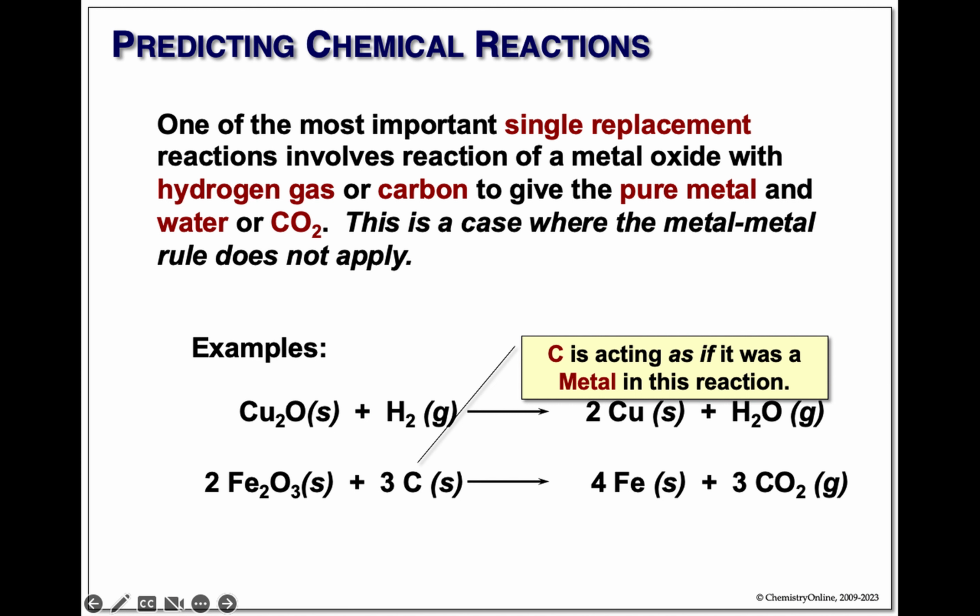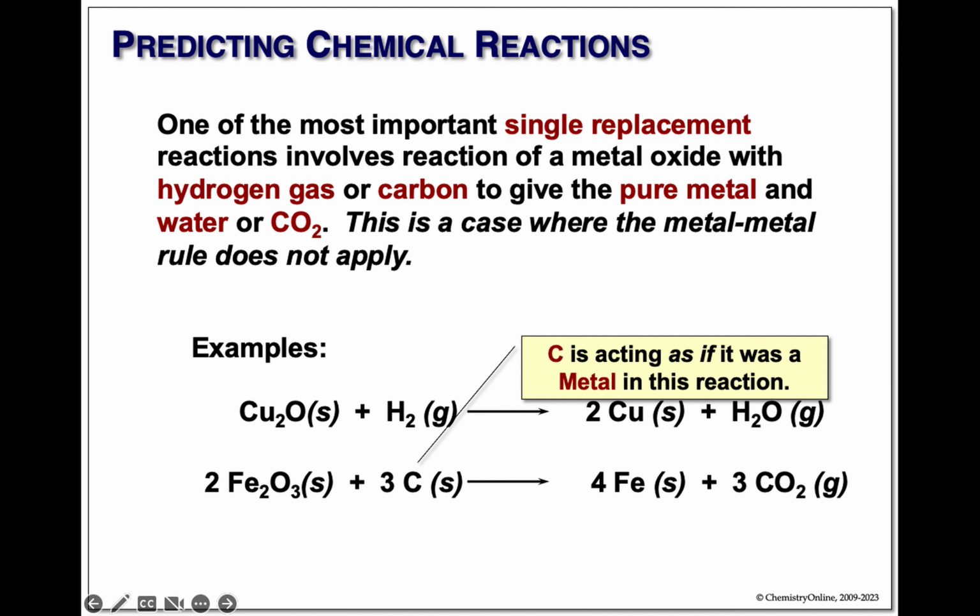Once again, carbon is acting as if it's a metal, replacing the iron to give us metallic iron. This obviously is a nice simple way to make copper solid without dealing with the sulfur.